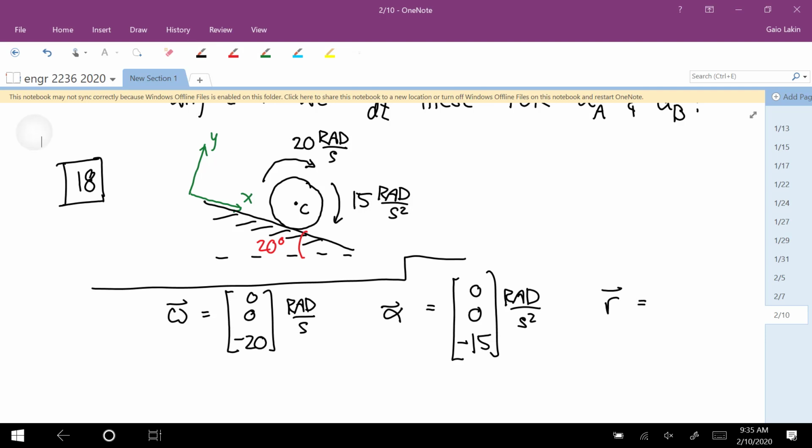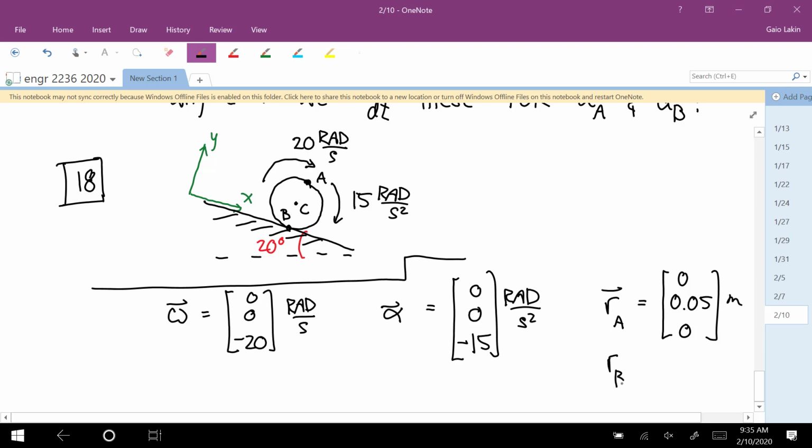So if I name these, let's call this A and this B, then your R vector for A would be, it says the radius is 0.05, so this would be 0, 0.05, 0, and our B would be 0, negative 0.05, 0.